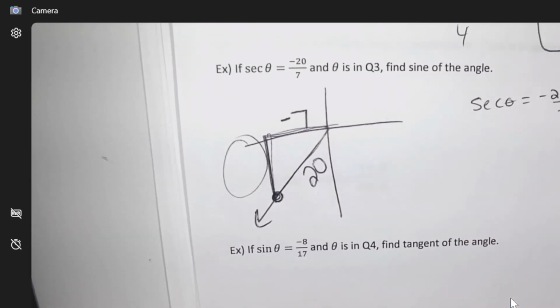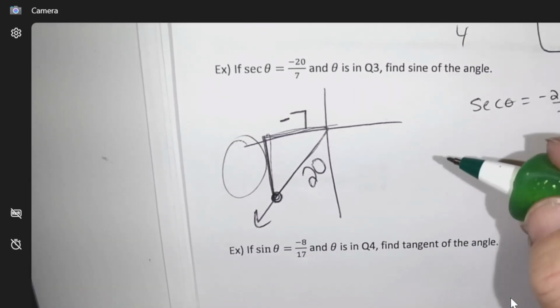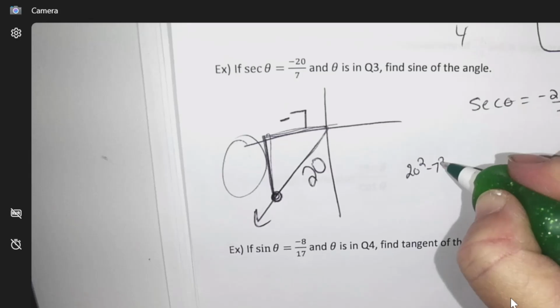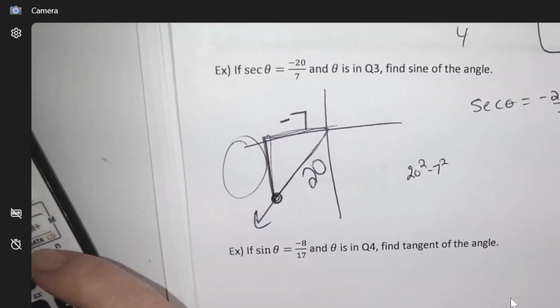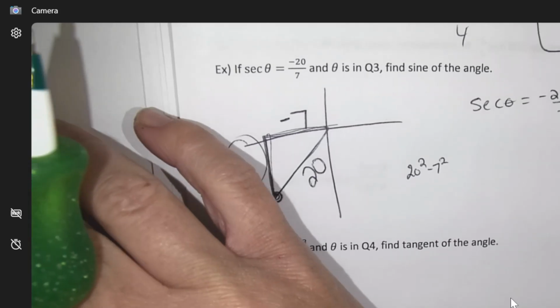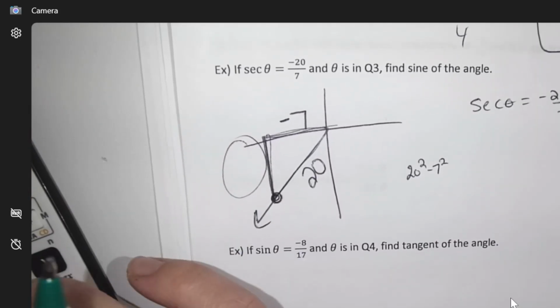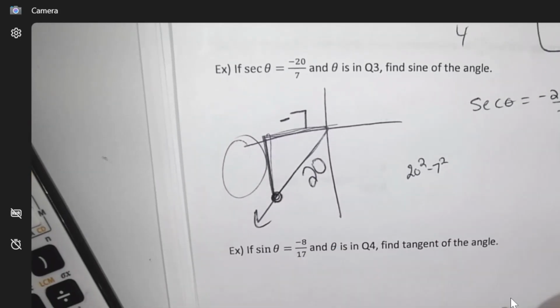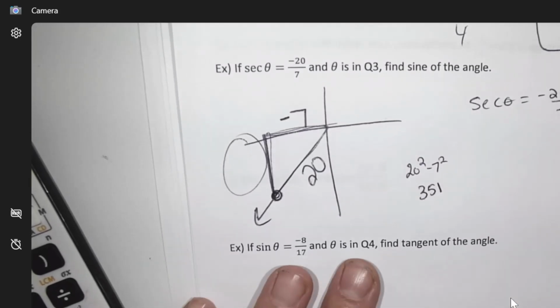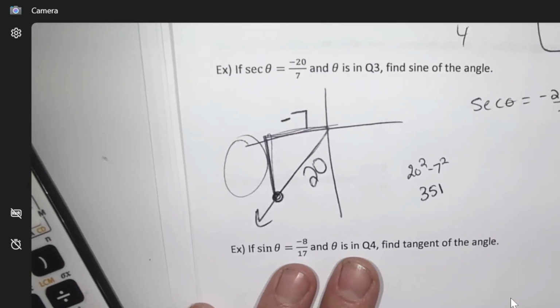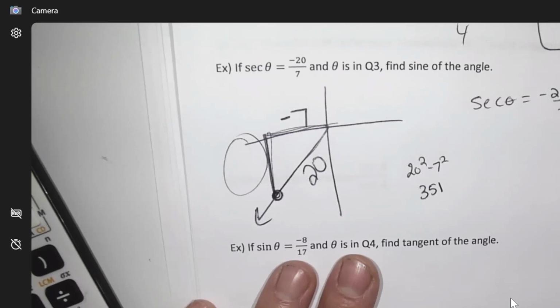Okay, and then we're going to need that side. So give me a 20 squared minus a 7 squared, Pythagorean style. Are you getting a decimal answer?